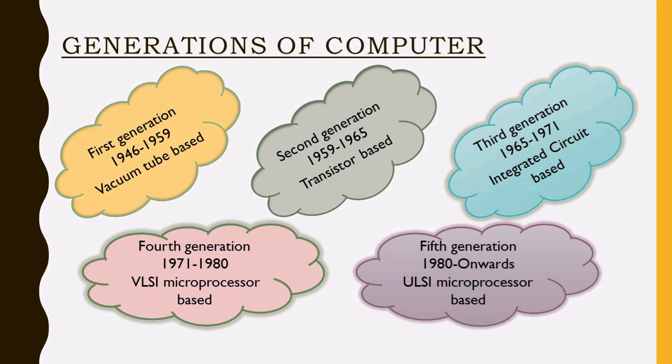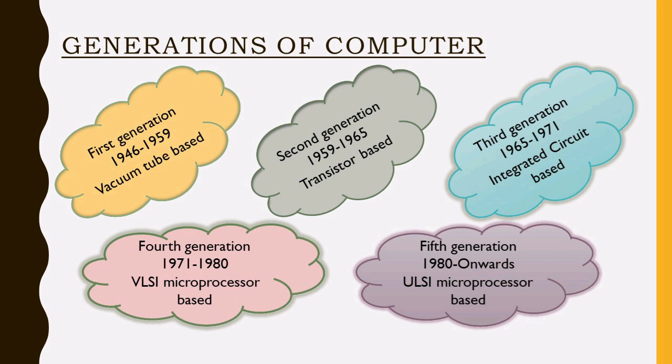The next generation of computer is the fourth generation. It lies between 1971 to 1980. It used microprocessors where many ICs are integrated together. It used the technology called VLSI microprocessor. VLSI stands for Very Large Scale Integration.